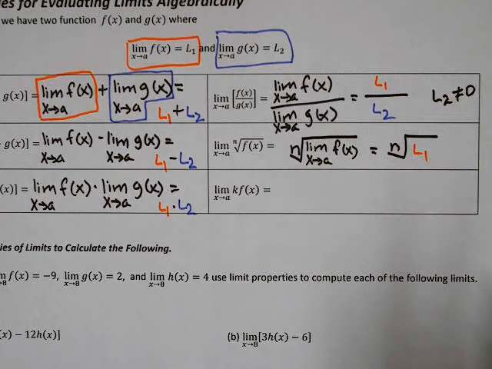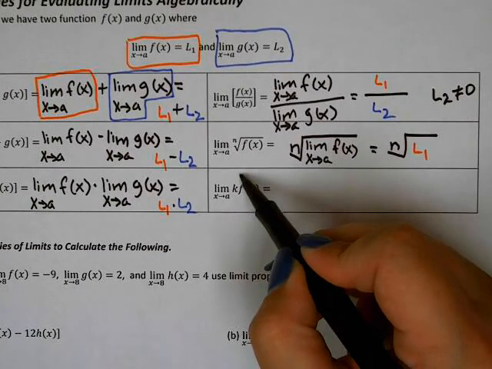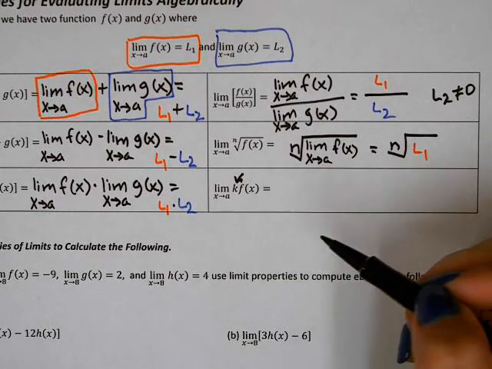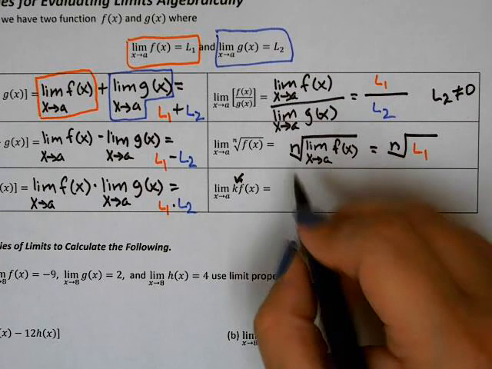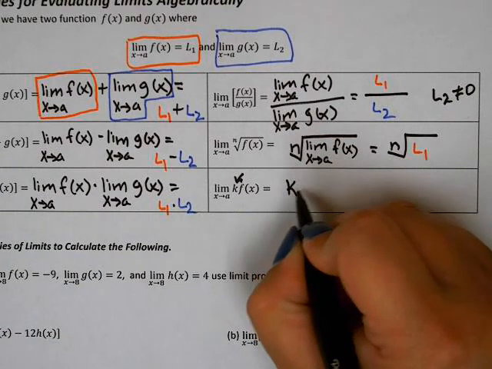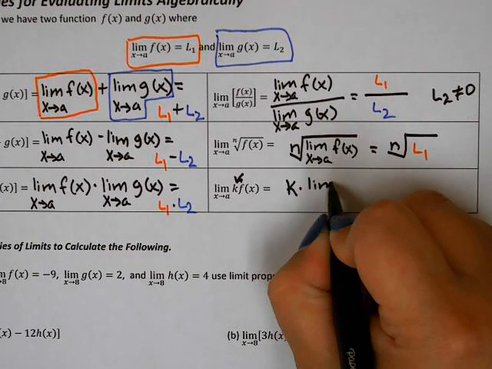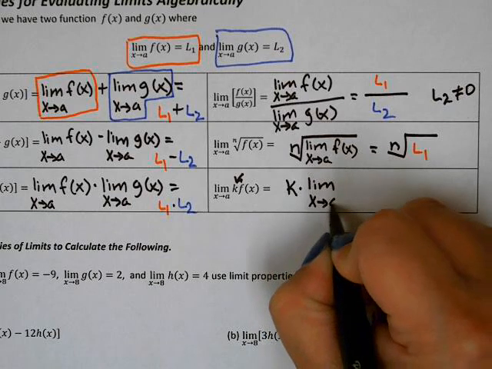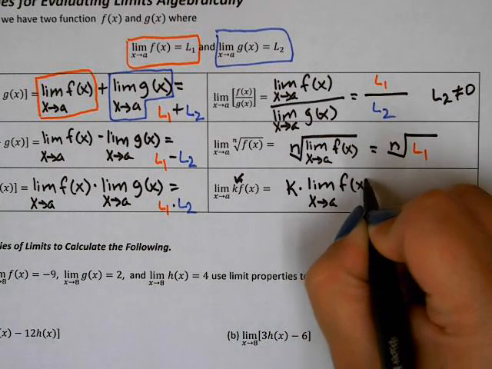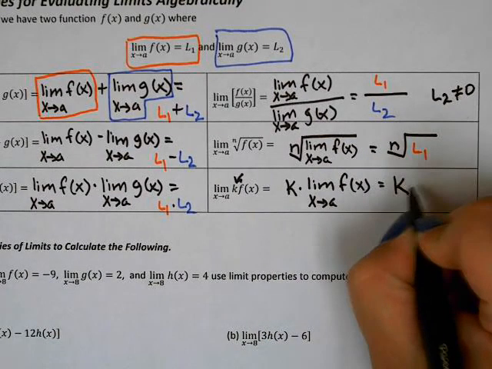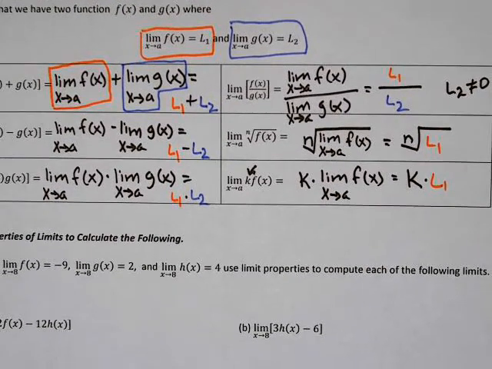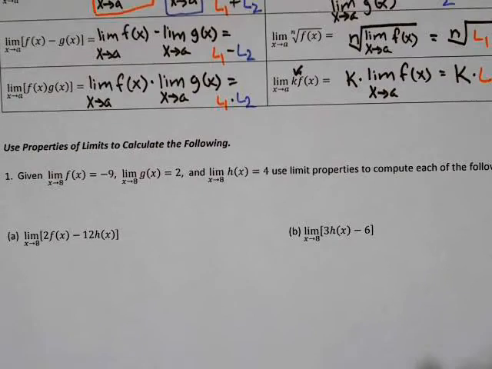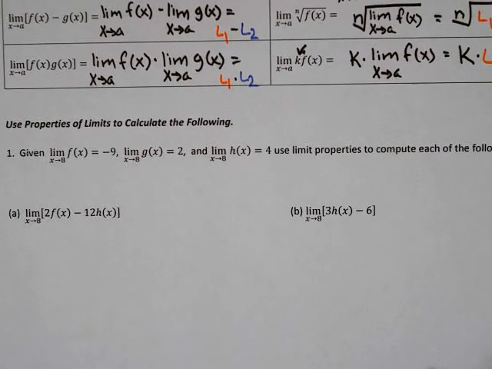And finally, I know this is a lot, this here has a constant, this k. If you've got a constant inside of your limit, you can pop that out as well. So this can become k times the limit as x approaches a of f of x, which really means k times L1. Again, I know that's kind of a lot, but I'm going to do these examples here, and it'll make a lot more sense.